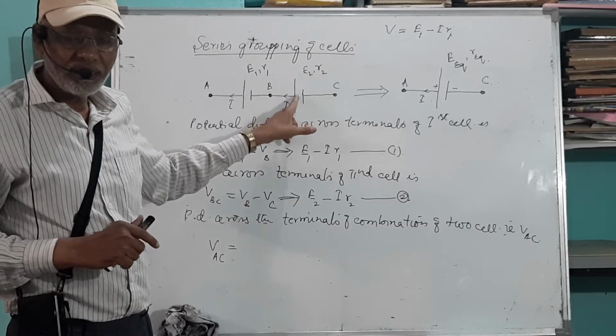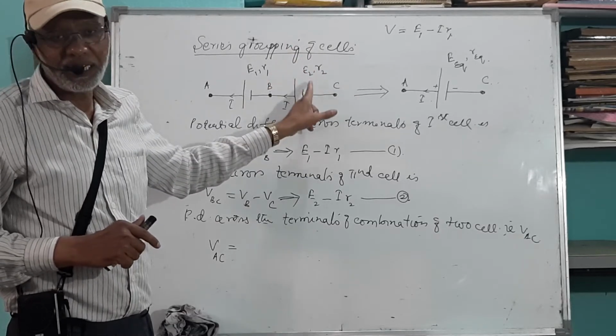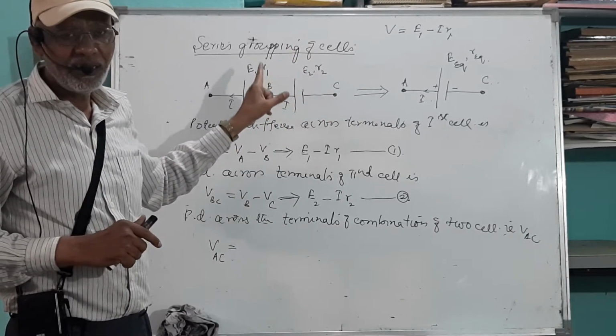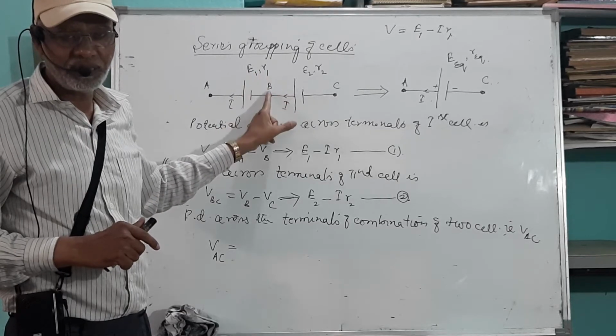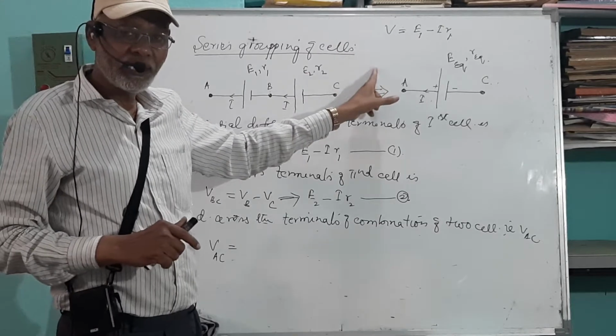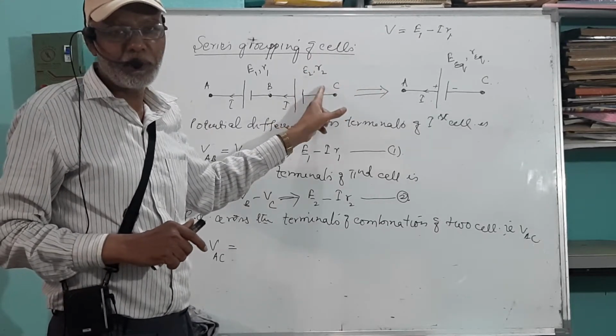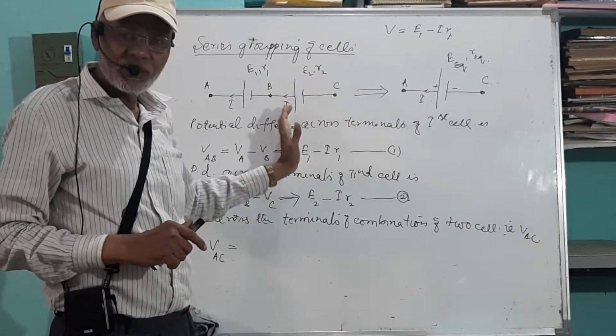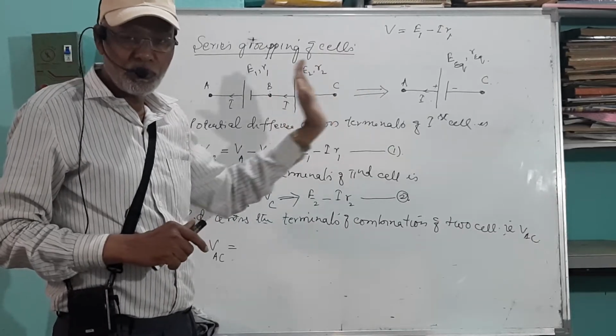You see that the positive terminal of the second cell is connected with the negative terminal of the first cell. If three cells are there, the positive terminal of the third cell is connected with the negative terminal of the second cell. Like this, positive to negative, positive to negative.